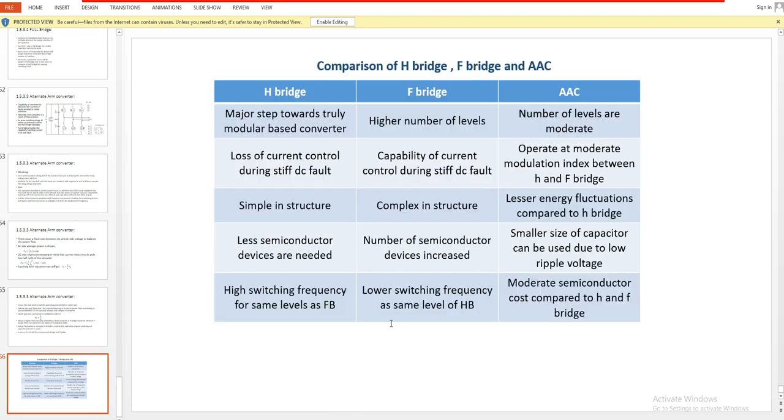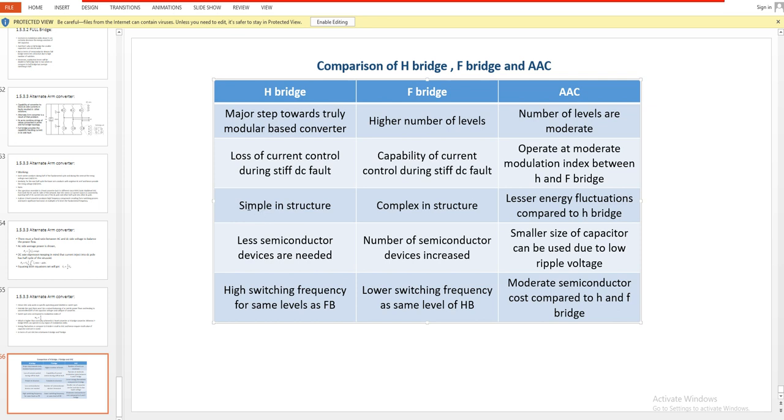So now if I summarize what we have discussed so far, we have discussed three topologies that are used basically in the modular multi-level converter: half bridge topology, full bridge topology, and alternate arm converter. So in the past, half bridge topology was basically a success towards the modular based converter, but its drawback is that it loses its control whenever a stiff DC fault occurs.